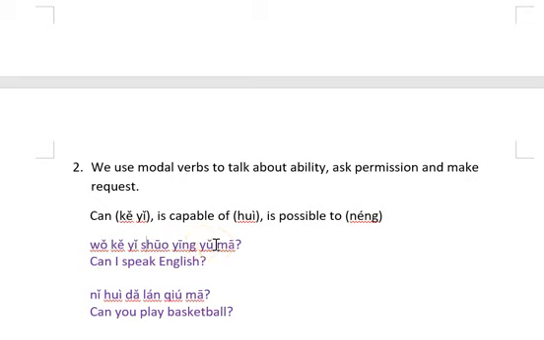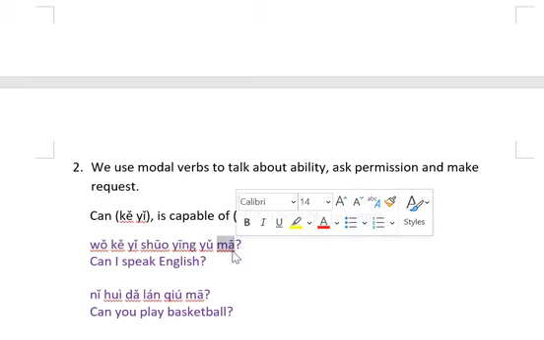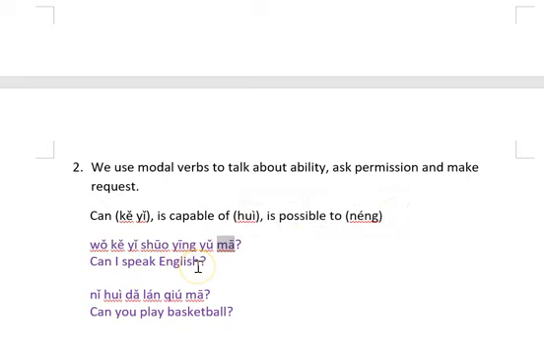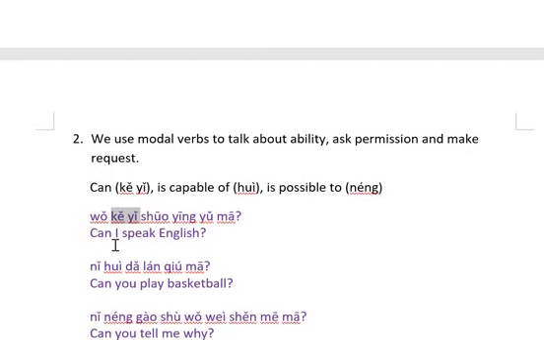As we talked about before, a simple question, which means a yes or no question, is a statement, 我可以说英文, I can speak English, with a question mark, 吗, at the end, which converts the statement into a yes or no question. 我可以说英语吗? Can I speak English? So in this sentence, 可以 means can.